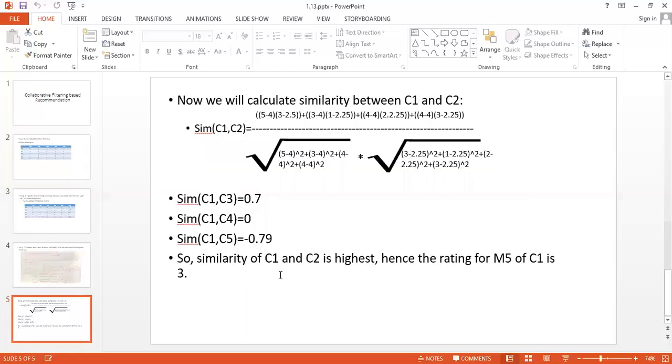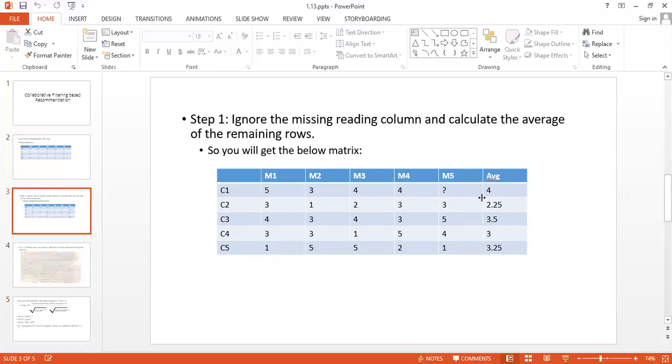And in the second square root, with multiplication as a dot product, we have to take 3 minus 2.25 its square, plus 1 minus 2.25 its square, plus 2 minus 2.25 its square, plus 3 minus 2.25 its square.